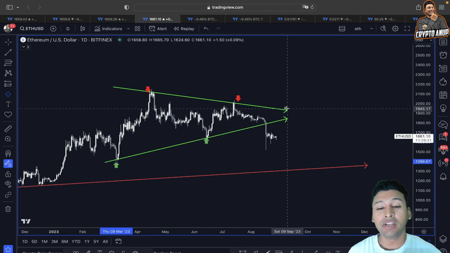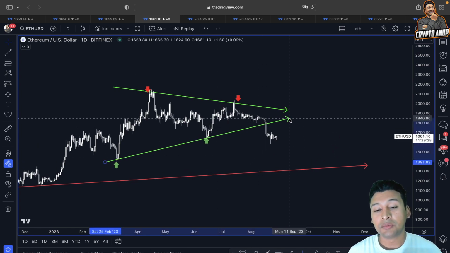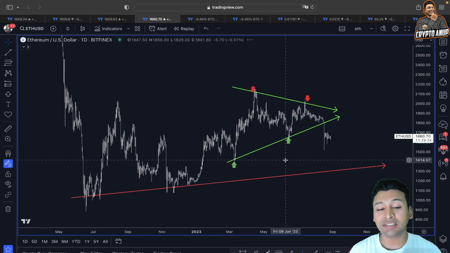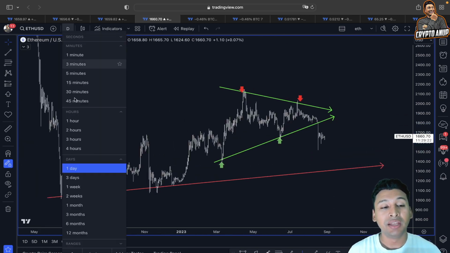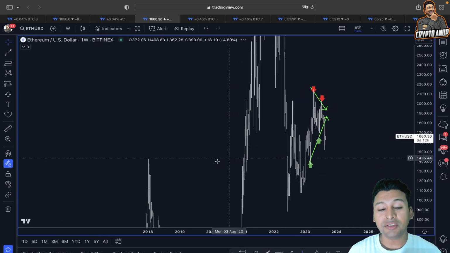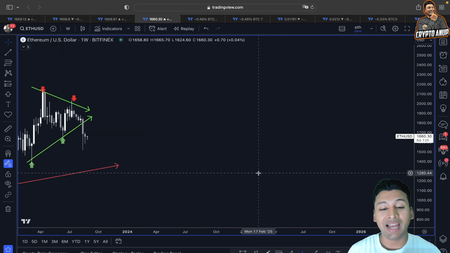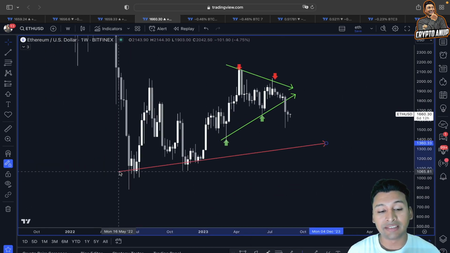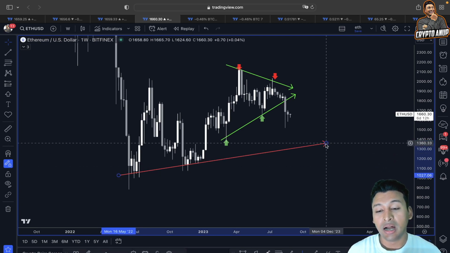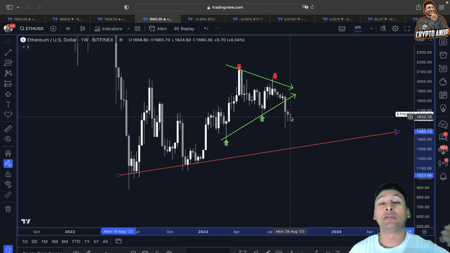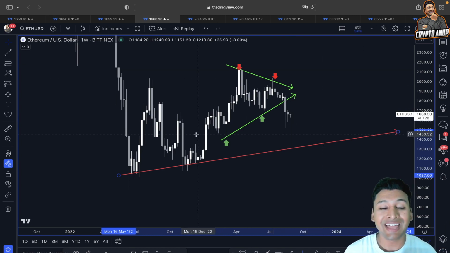So since we have already lost the support from this symmetrical triangle lower trend line, we have to be careful, because the price in our case could be getting attracted towards this red line. Yes, this red line is going to be looked at as our upcoming price target for Ethereum if we fail to regain our strength above the 1,800 to 1,900 range.